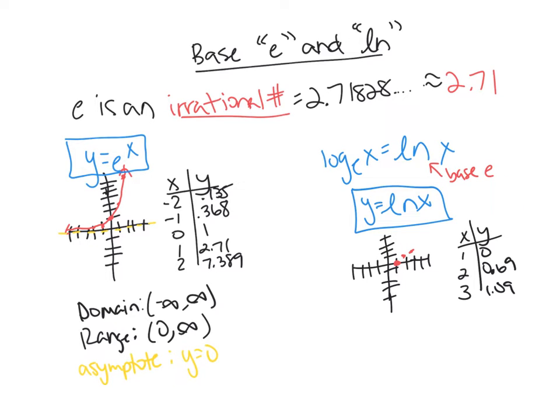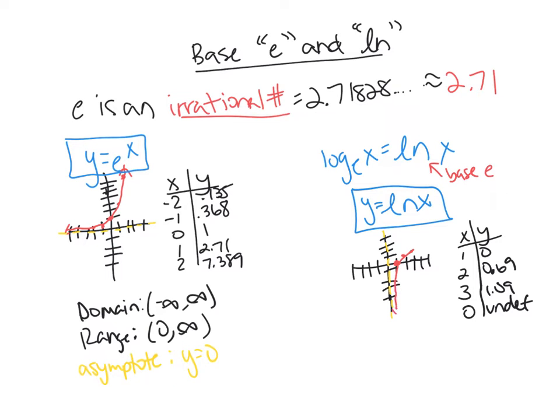But notice what happens when we plug in 0. If you try to plug in 0, you are going to get undefined. Why? Natural log is a log. It's just a special kind of log, so it does have a vertical asymptote at the y-axis. Notice my graph is going to be kind of that R shape.